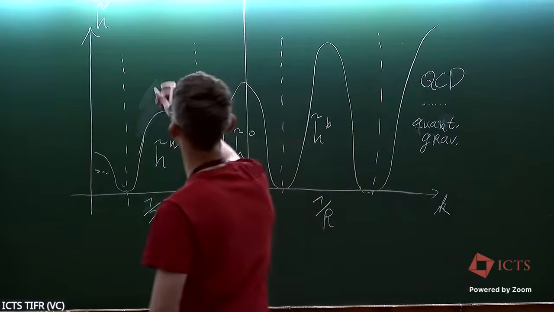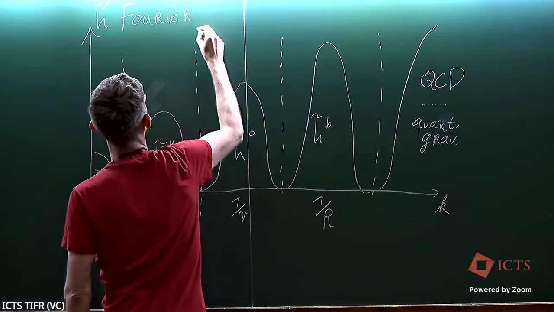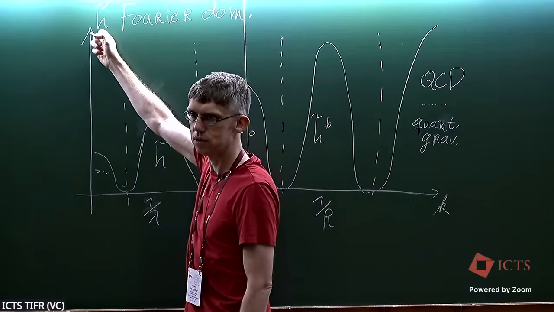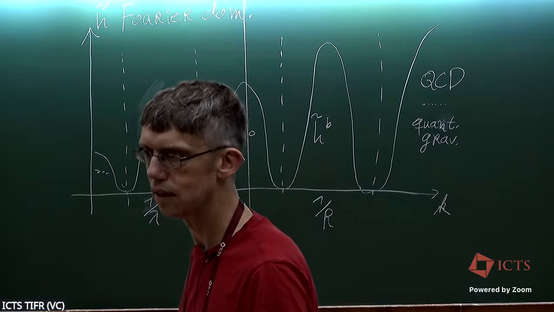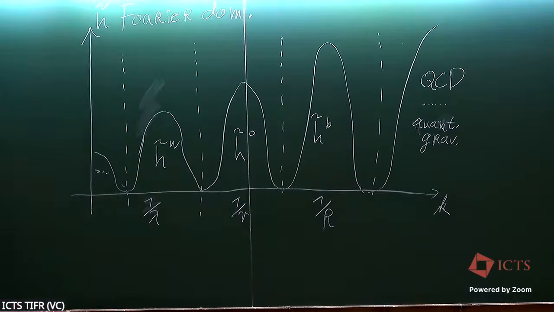So this should be just the Fourier domain. So H tilde is just a normal Fourier transform. For H, the eta is basically just the Minkowski metric, right?